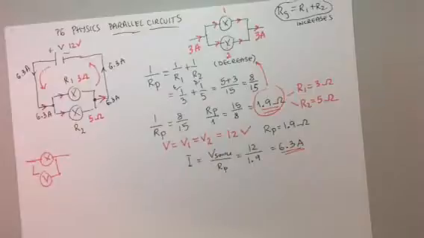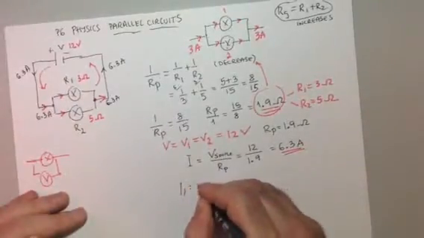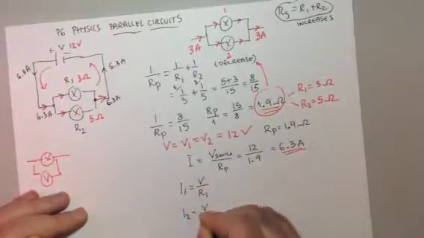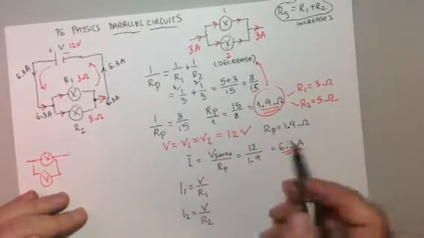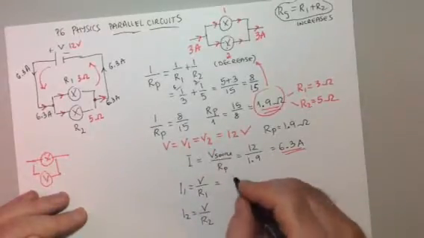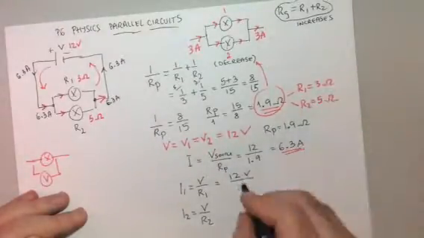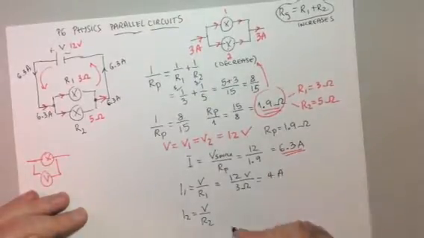Now let's see how much current the first one gets. Well, let's use Ohm's law. Current 1 equals V over R1, and current 2 equals V over R2. I use V because V equals V1 equals V2, so they're all the same. So it's going to be 12 volts over R1, which is 3 ohms. That makes it 4 amps.